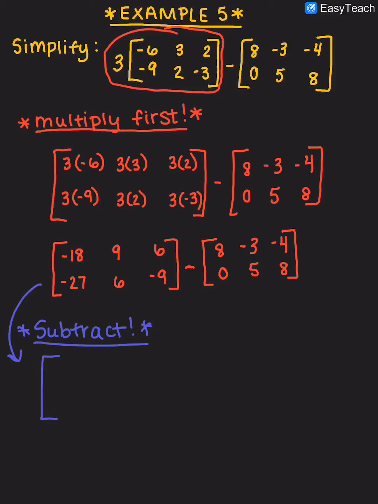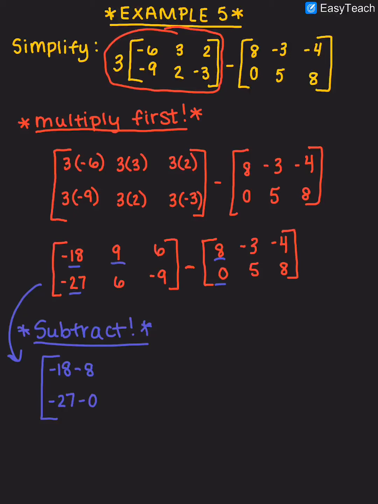Remember, we just subtract all the corresponding pieces. So we're going to have negative 18 minus 8, negative 27 minus 0. And again, I had negative 18 minus 8, negative 27 minus 0. That is how I'm getting these numbers.